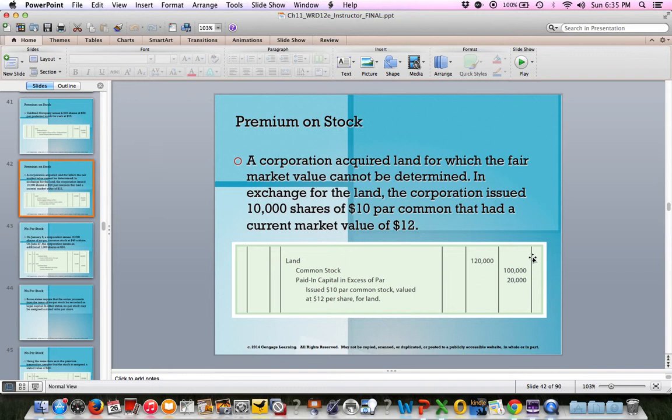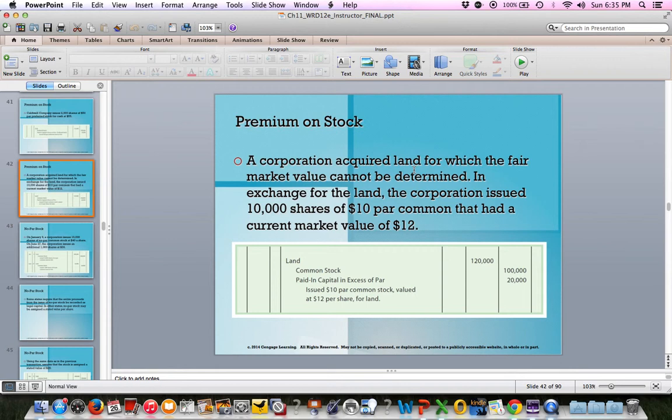And they made a point to say that the value of the land cannot be determined. And normally when you do this for an asset, if you can value the asset, you debit the asset at its market value. In this example, we were told we don't know what that is, but we do know what the market value of the stock is, and we're exchanging 10,000 shares of stock. So we're going to use that as the basis.